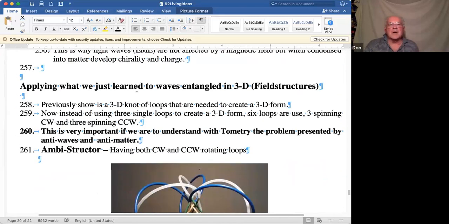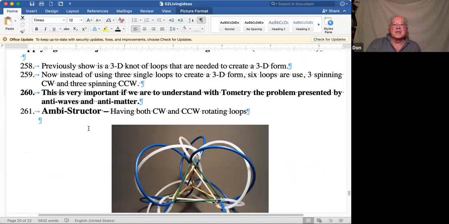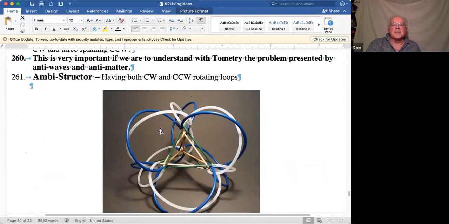So applying what we've just learned to wave entangles in 3D structures, previously shown was the single loop, and we put both loops in, and this is called the ambistructure with right and left-handed loopage.